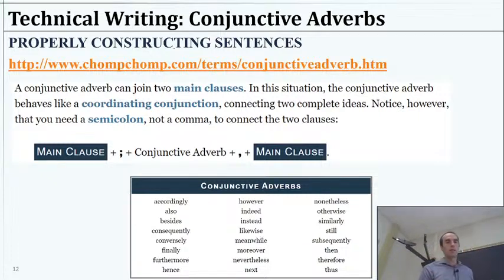So typically we might have a main clause and then comma, a normal conjunction like and, but, maybe because, things like that. And then main clause.